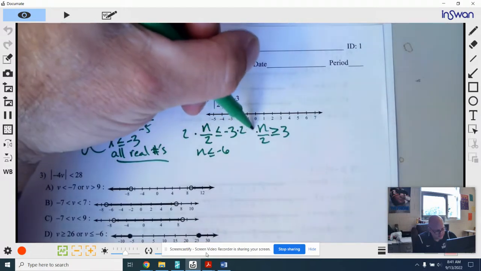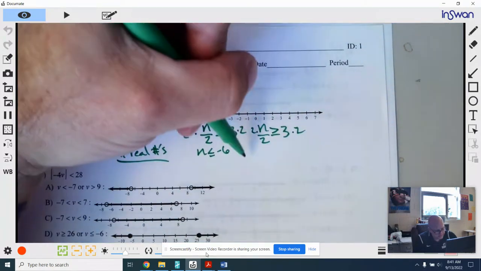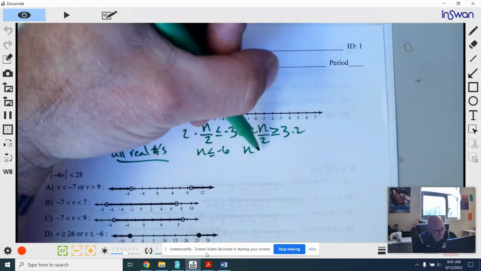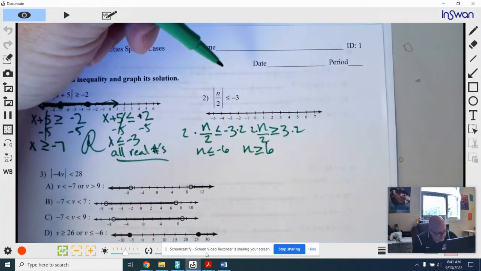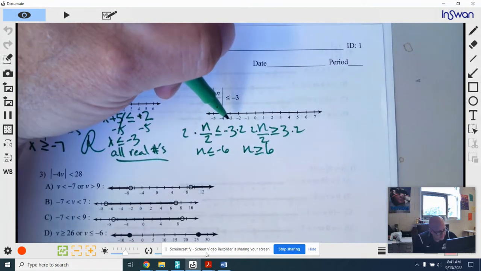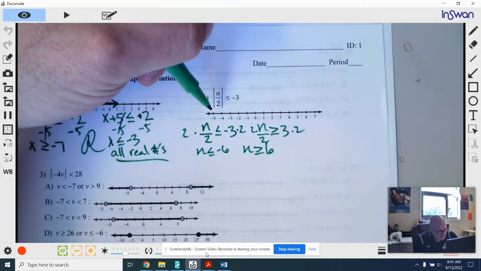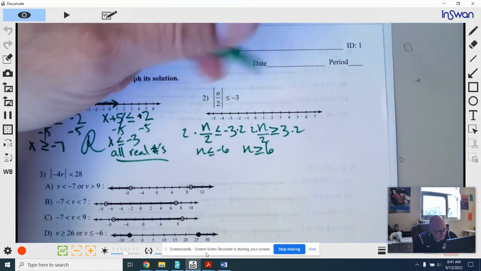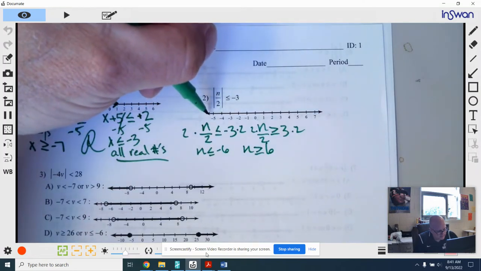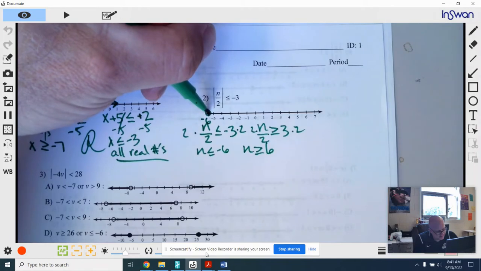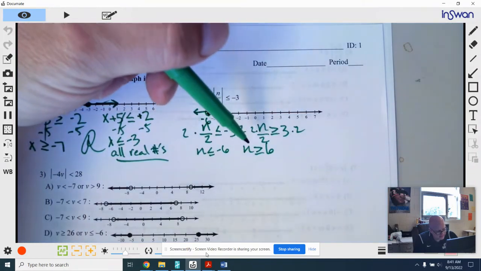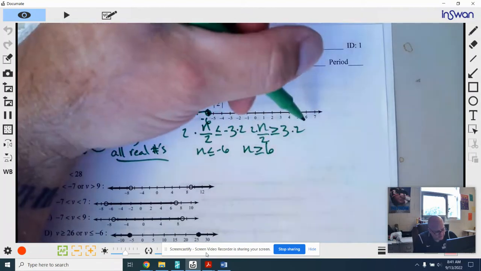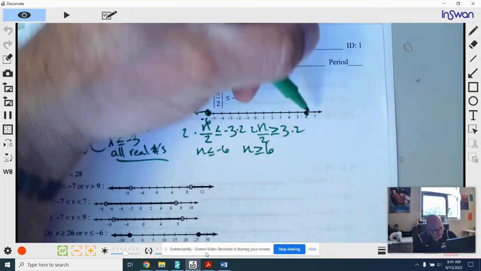Come over here, times 2, and we get n is greater than or equal to 6. Okay, so if I graph this, n is less than or equal to negative 6 is going to be right here, going this way. And n is greater than or equal to 6.